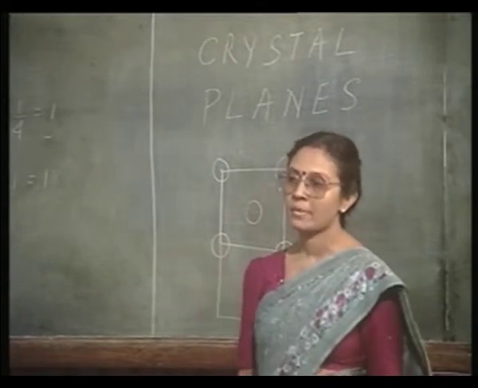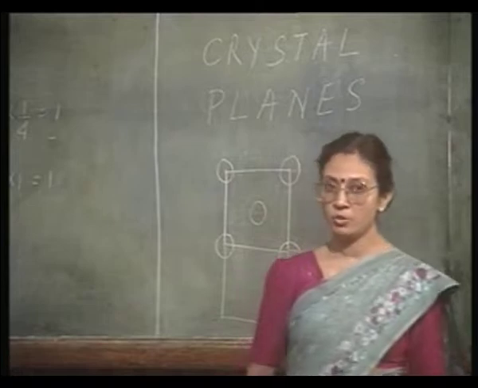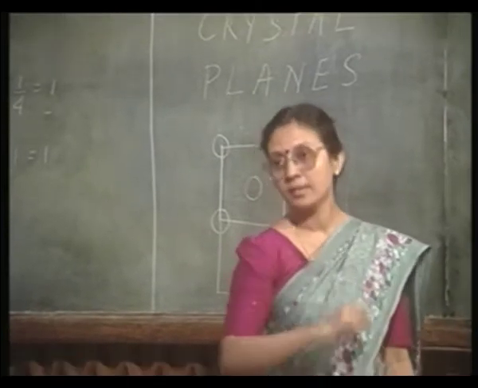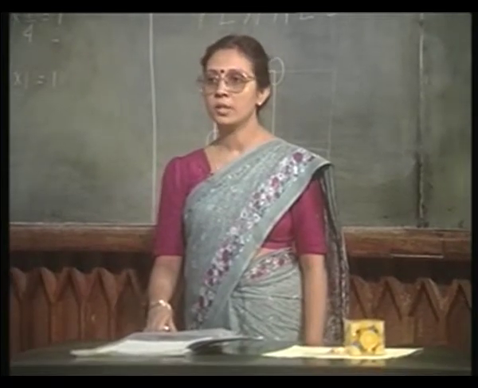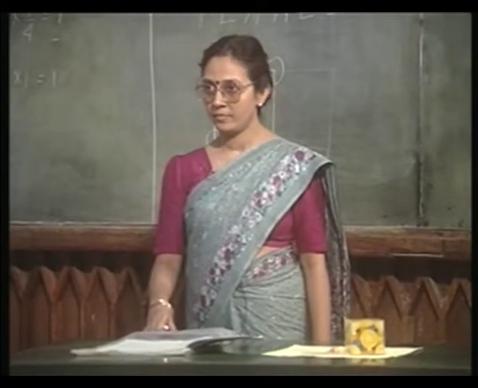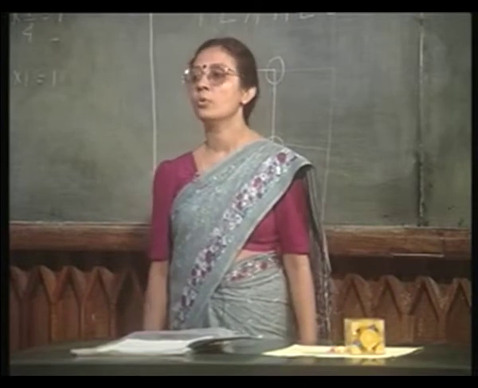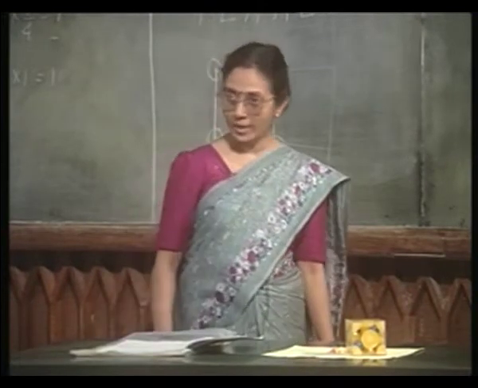What is the plane area now? You know that in this lattice we said that each side of the cube is A. Therefore, the area of the 1 0 0 plane is A square.